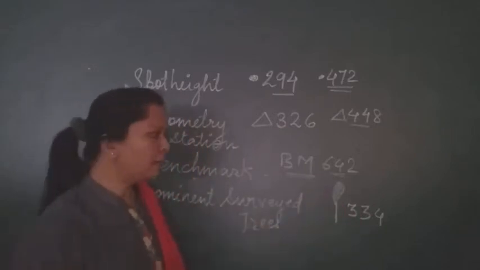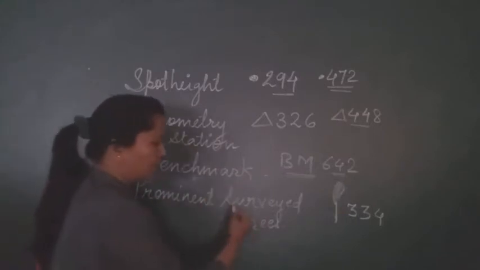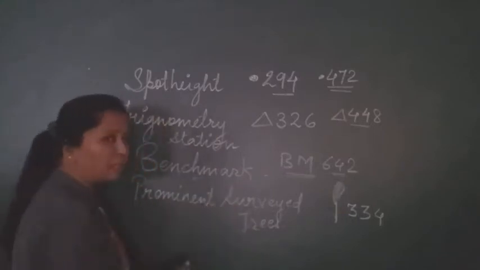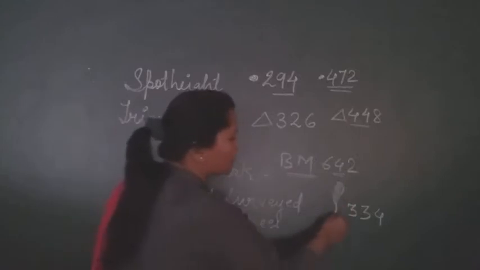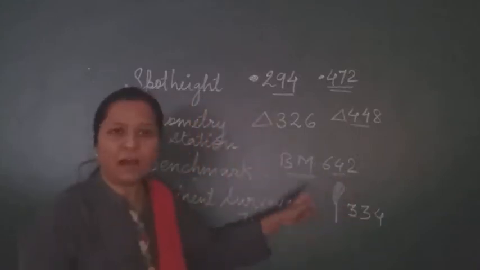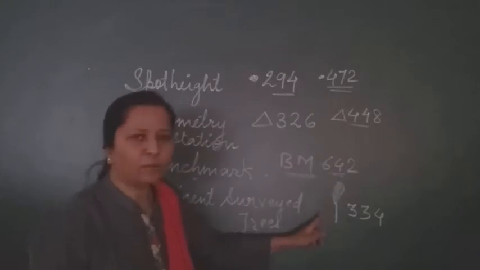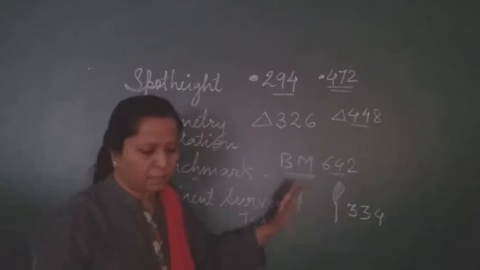Also keep it in mind, students, don't forget this: when we are discussing prominent surveyed trees, or when such a symbol comes with 334, note that it is not the height of the tree. The height of the tree is not taken.